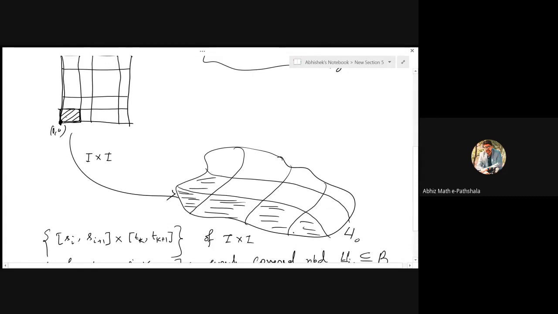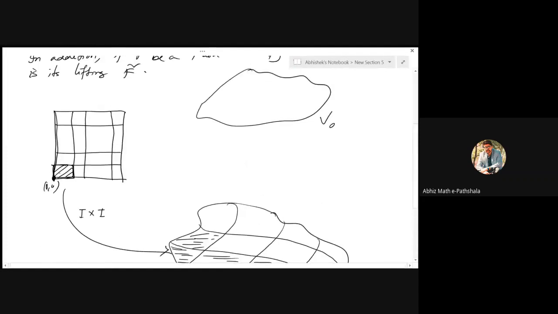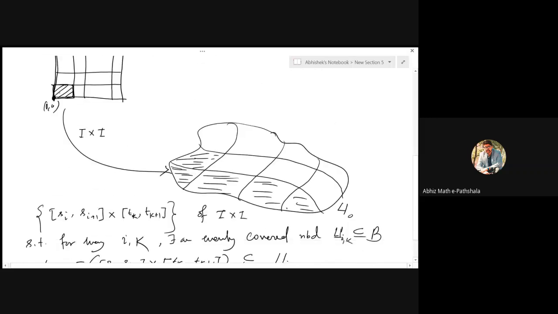This is the pictorial representation of the proof. Similarly, you can have this here too. Then you just cover this one and then go to this, and then this one, and like that.